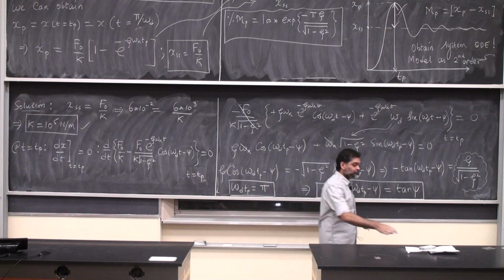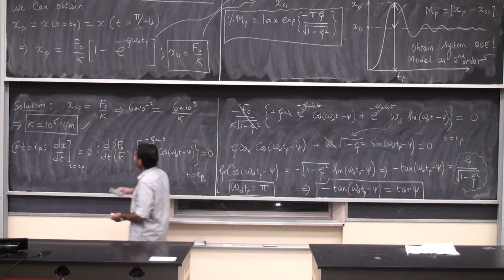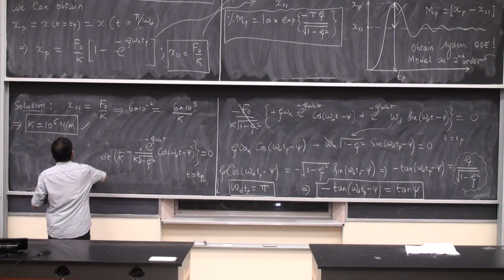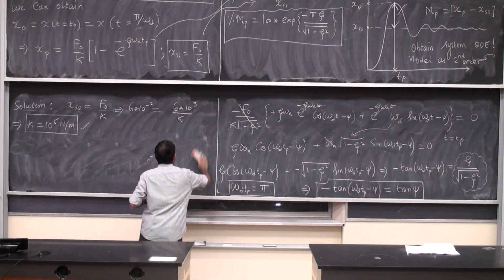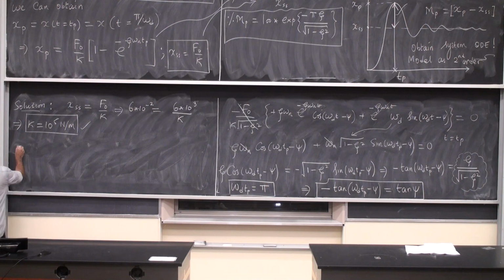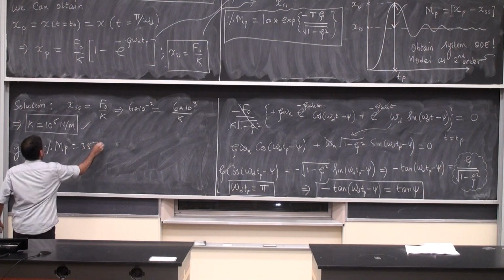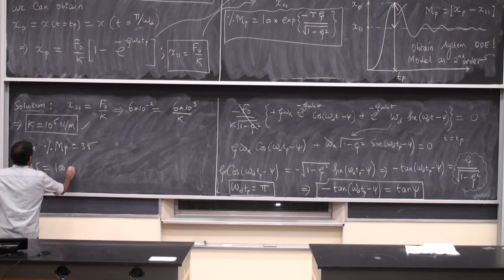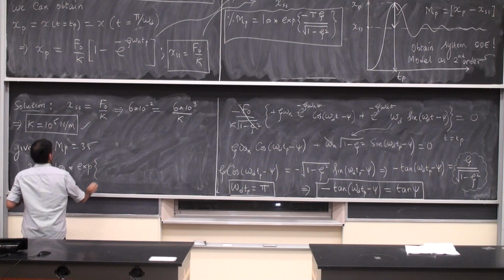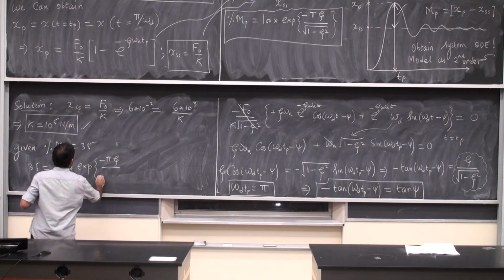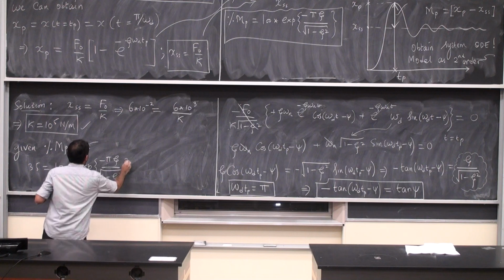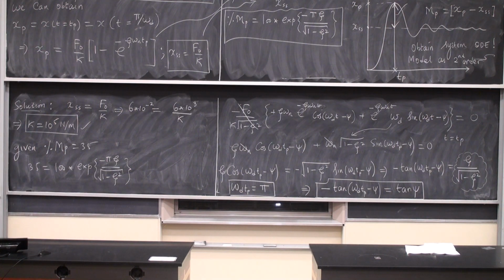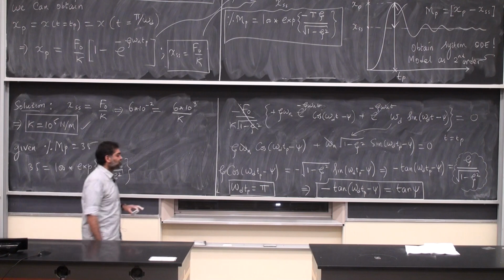So last step. You're given the percentage overshoot is 35. So if I just do a brute force substitution in there, I have 35 equals 100 times exponent. Take natural log on both sides. I'm not going to go through the solution steps.